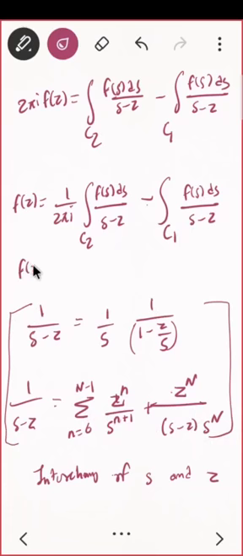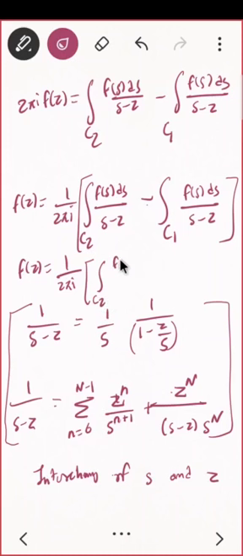So f of z equals, I quickly write, 1 upon 2 pi i multiplied to both, the integral over C2 f of s ds upon s minus z, and this will be plus f of s ds upon z minus s over contour 1. Okay, this is what I'm having.